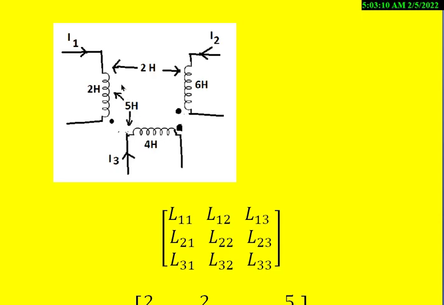So when the current leaves or enters the dots in both the coils, then the sign of the mutual inductance will be the same as that of the self inductance. So we get 5 henries like this. Then L32 means there is no mutual inductance, so put 0. L33 means 4 henries, so put 4 here.